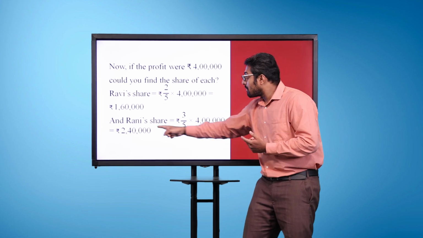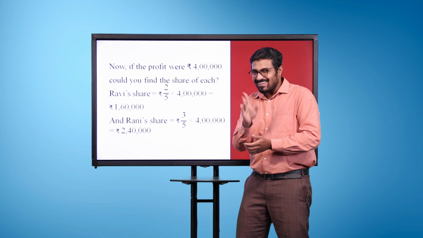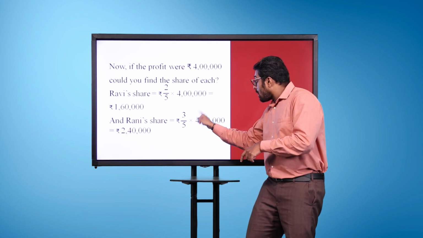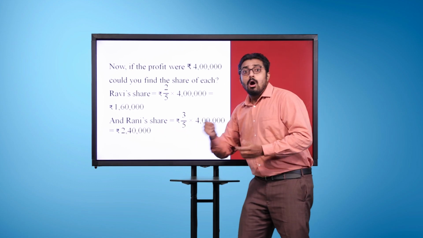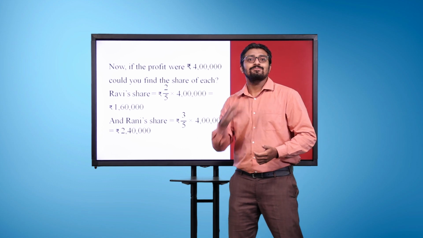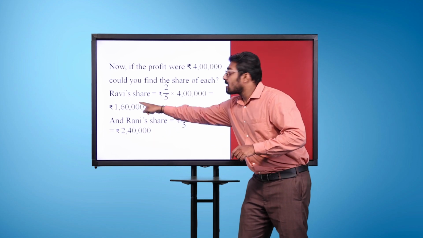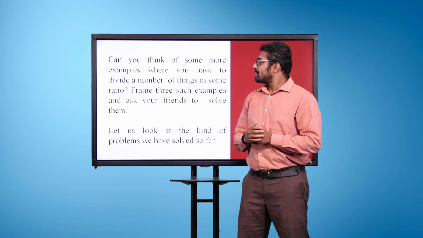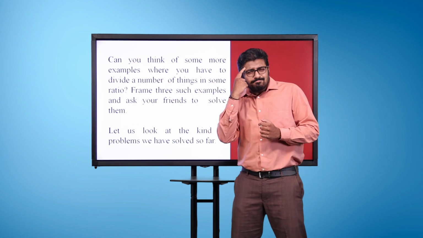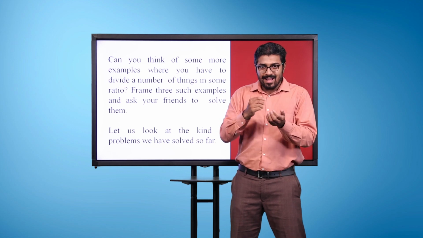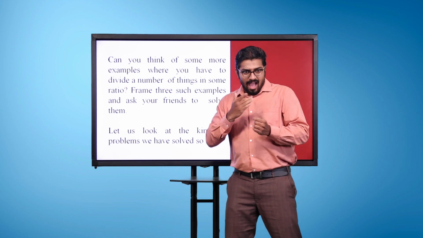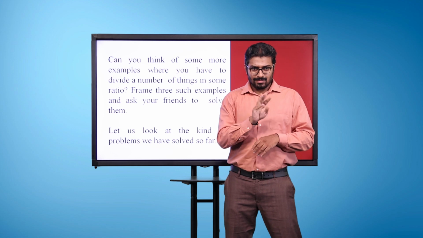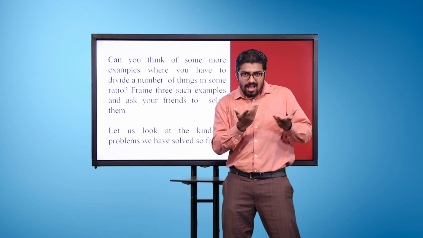And Rani's share is equal to rupees 3 by 5 into 4 lakh, which is equal to rupees 2,40,000. Can you think of some more examples where you have to divide a number of things in some ratio? Frame 3 such examples and ask your friends to solve them.